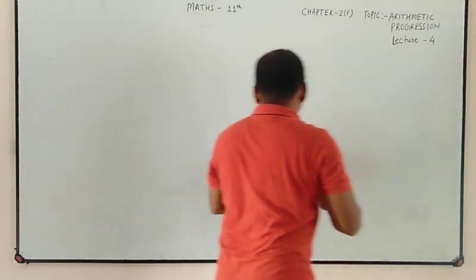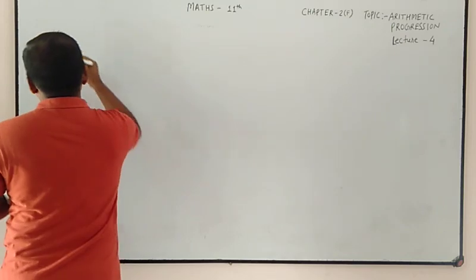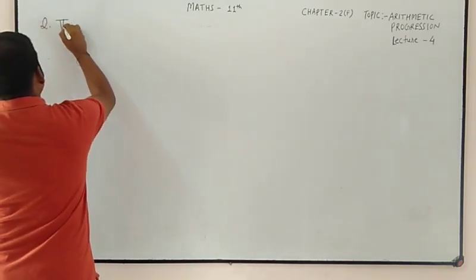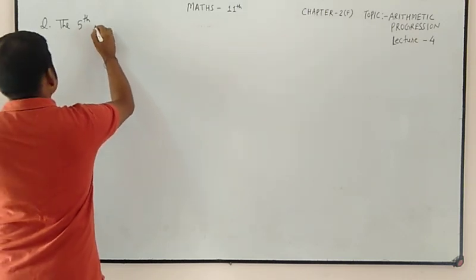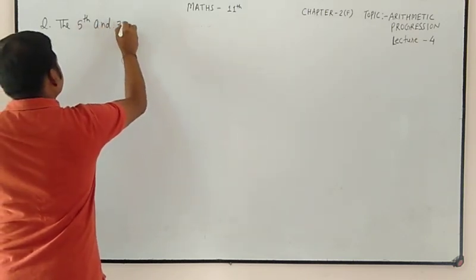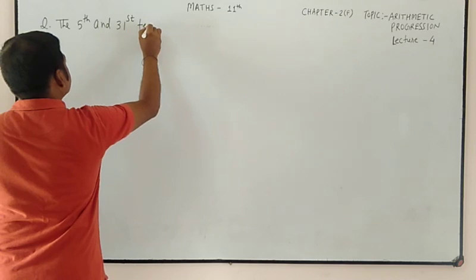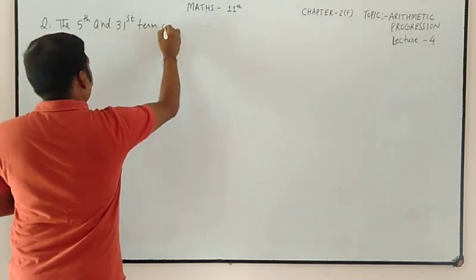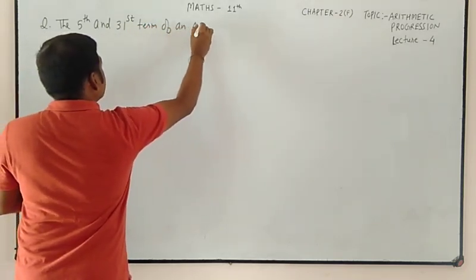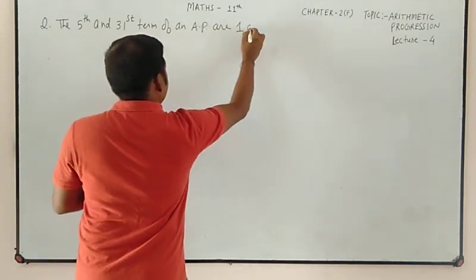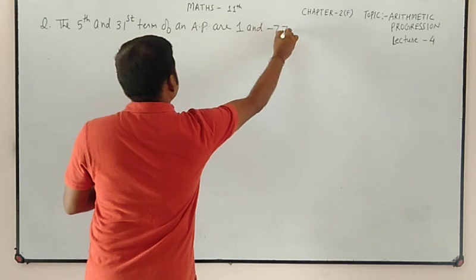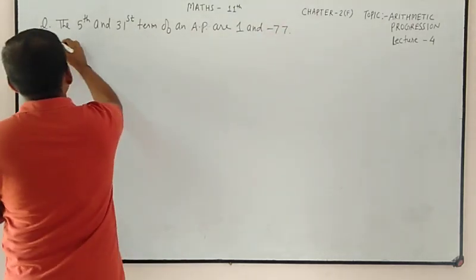The fifth and 31st term of an AP are 1 and minus 77.